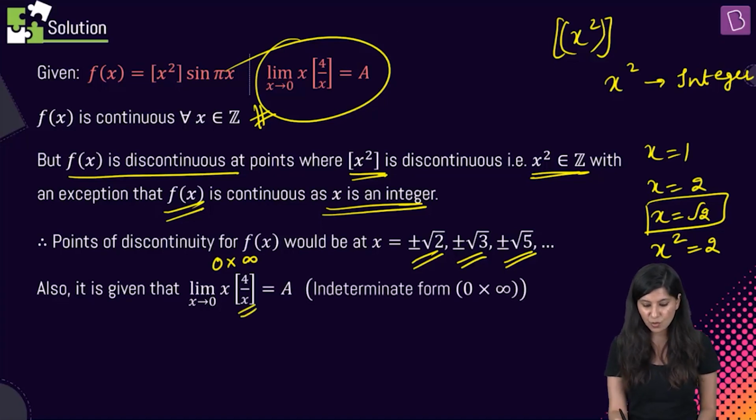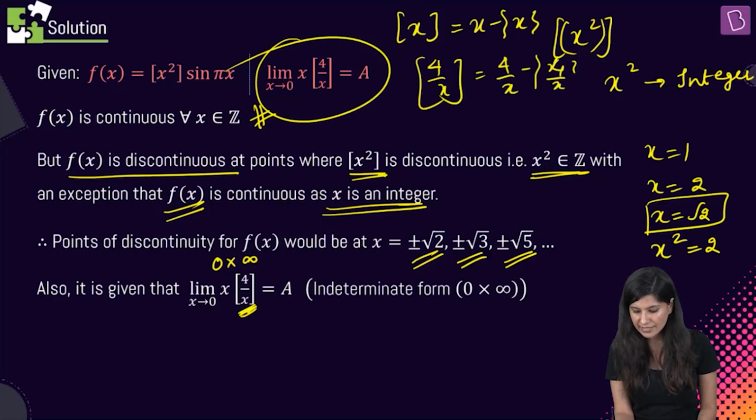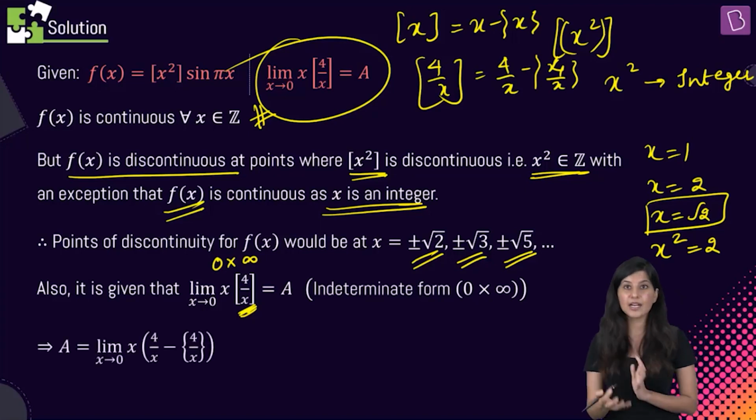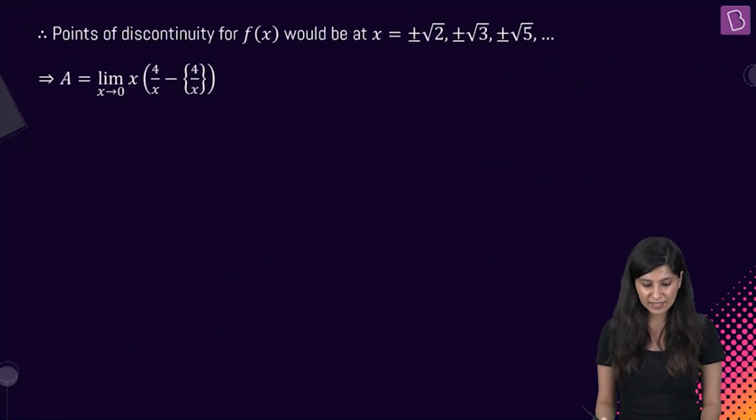So GIF of x would be equal to x minus fractional part of x, isn't it? So can I write this GIF of 4 by x as 4 by x minus fractional part of 4 by x? Yes, of course. If I do that, our limit will look like this, right? If I multiply this x, then what do I get?